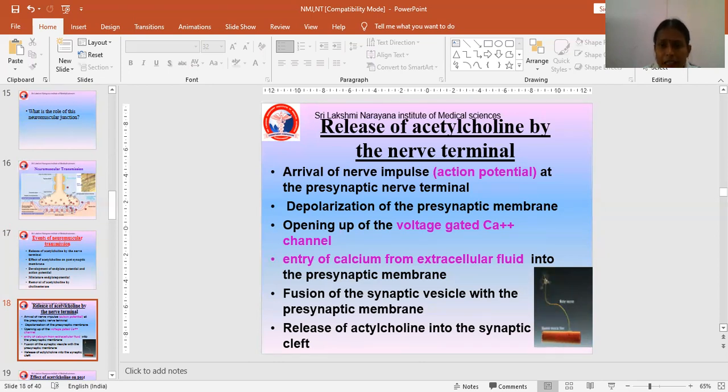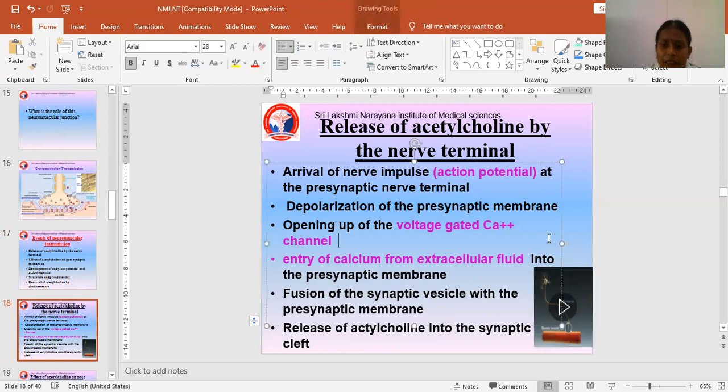So how is it released? When the action potential travels along the nerve fiber, as you can see in this picture, it reaches the nerve terminal. When it reaches the nerve terminal, it causes depolarization at the presynaptic membrane.